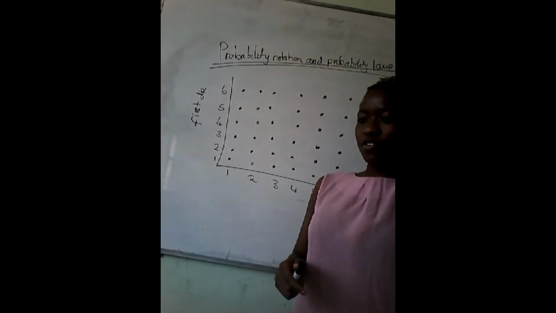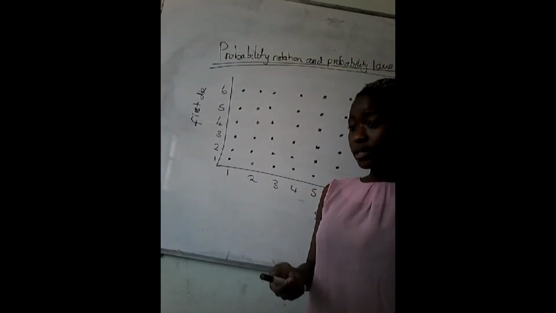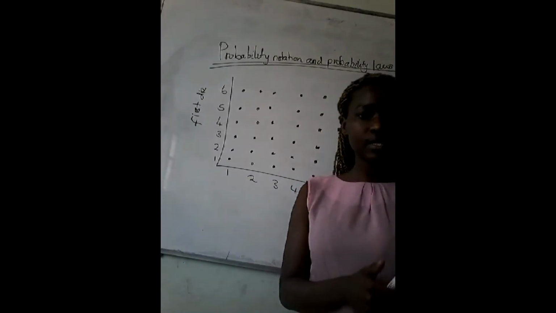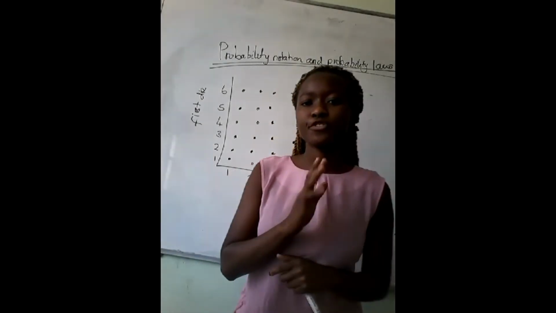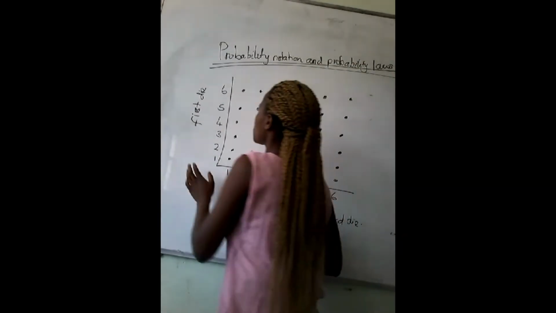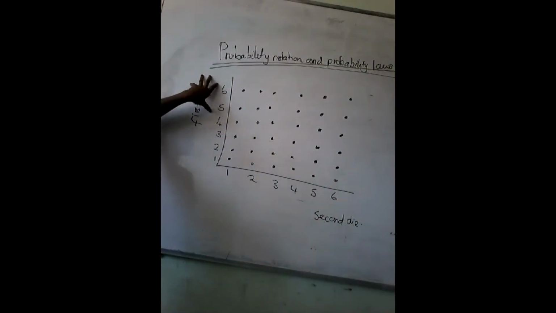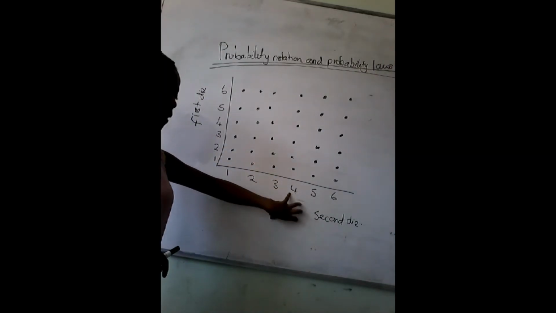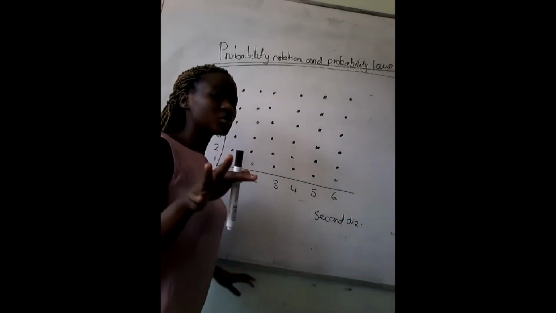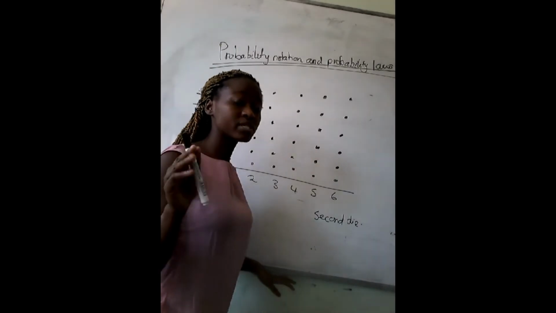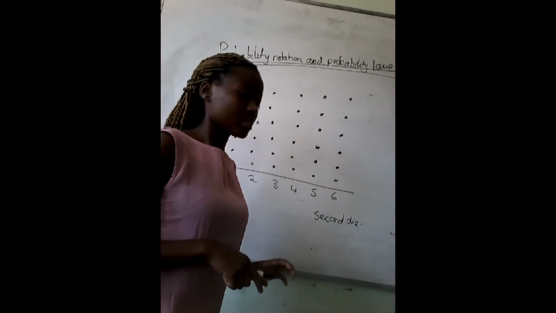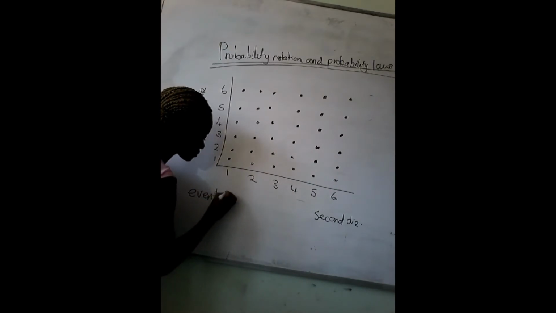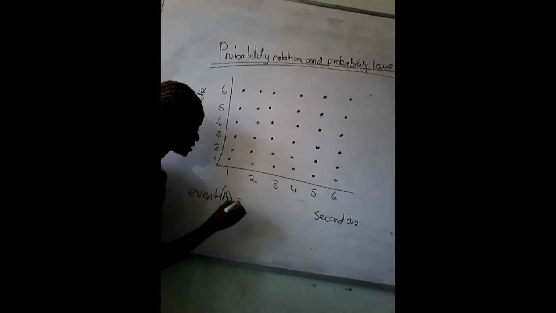So, if we define our event A as the event that the sum of two scores is 6. What do we mean by the sum of two scores is 6? We take any side on the first die and any side on the second die, and if we add them, we obtain a 6. That's our event A. What do we need for event A?